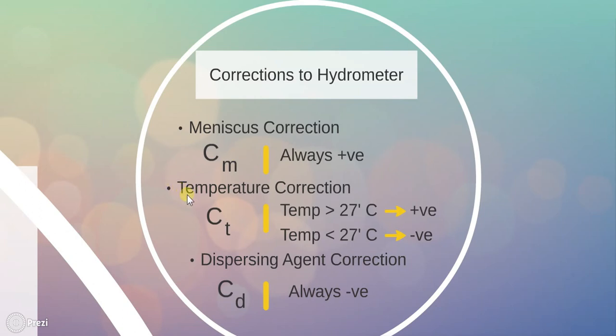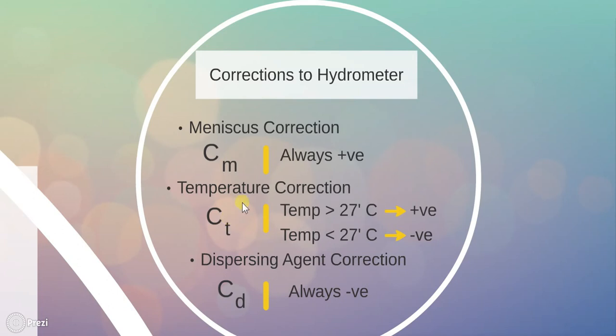Second correction, temperature correction. The hydrometer is generally calibrated at 27 degrees Celsius. If the temperature of the soil suspension is different from 27 degrees Celsius, a temperature correction is required for the hydrometer reading, and it is denoted as Ct.